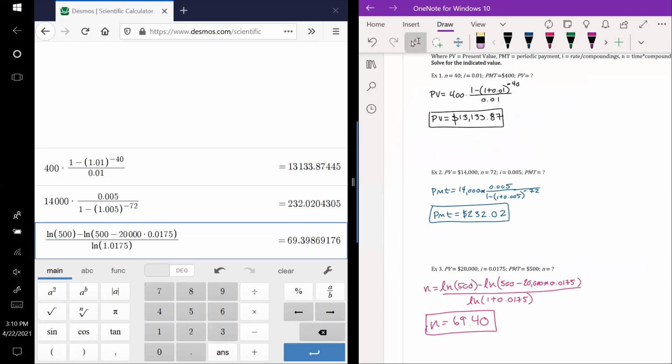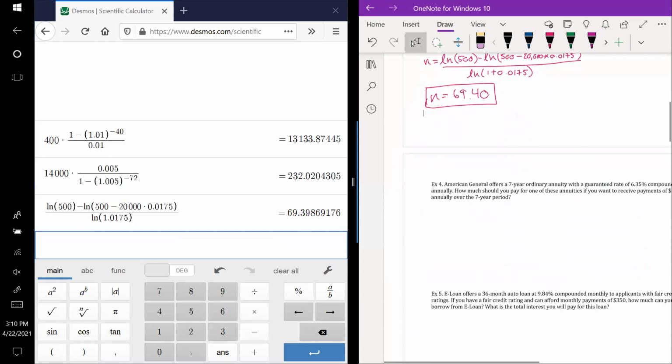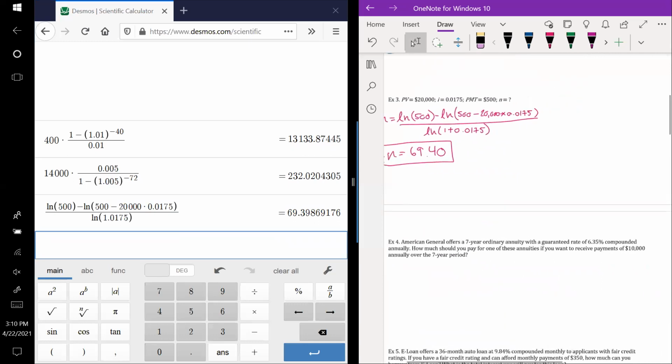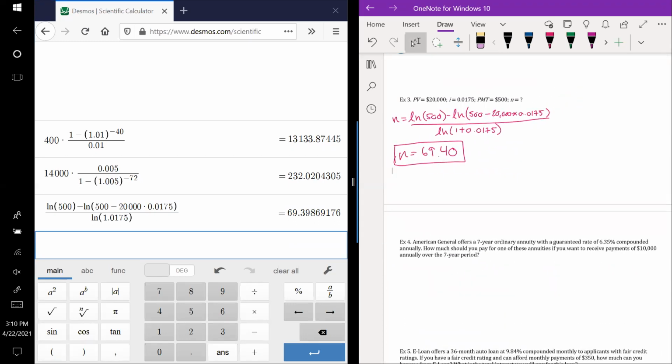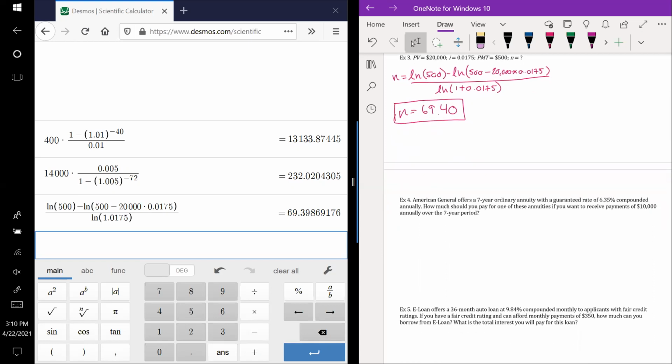Let's get into the word problems then. Okay. 4. American General offers a 7-year ordinary annuity with a guaranteed rate of 6.35% compounded annually.